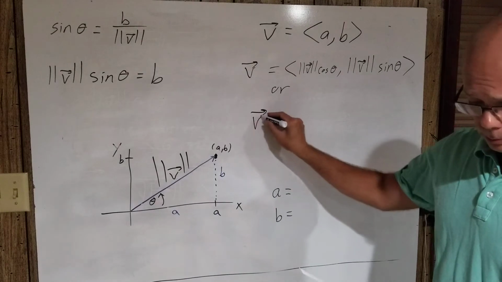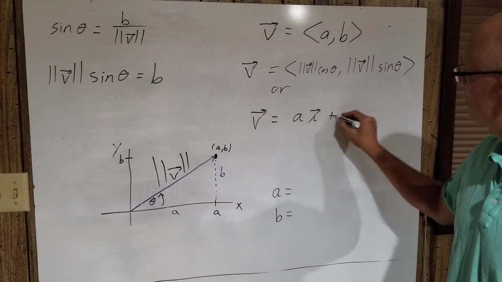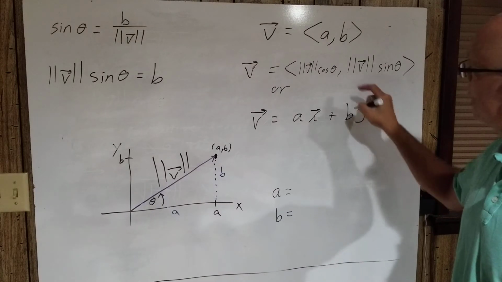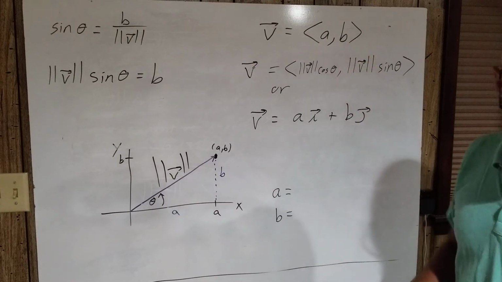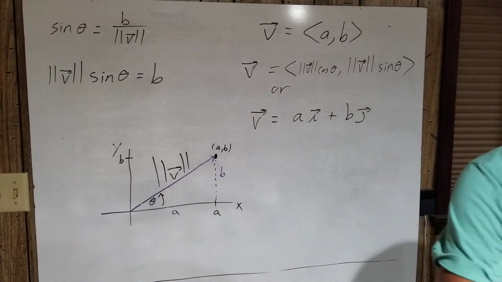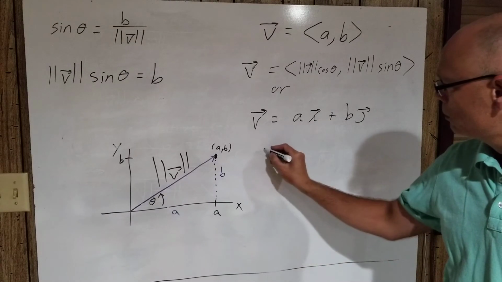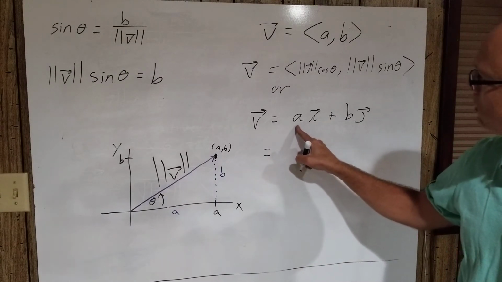Vector v is also given by A times i plus B times j, if I want to write the vector in terms of the unit vectors i and j. Another way to write this: instead of A, what do we call A?